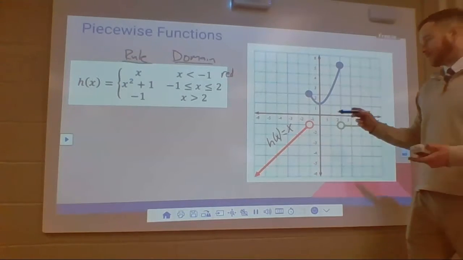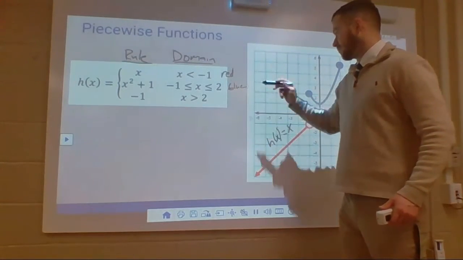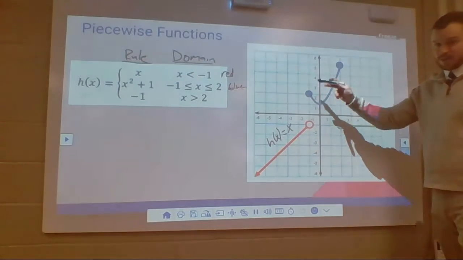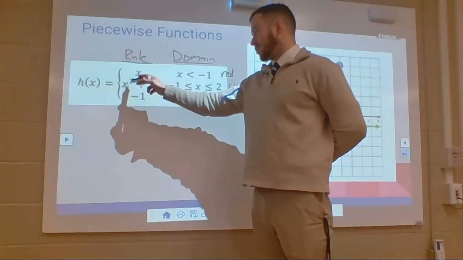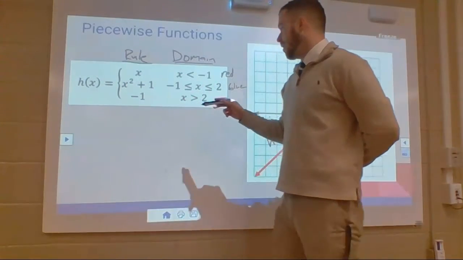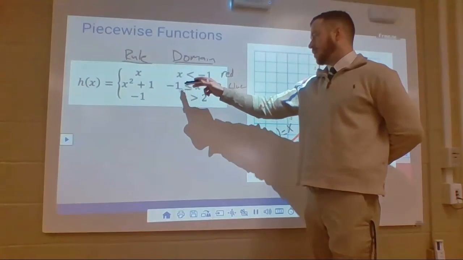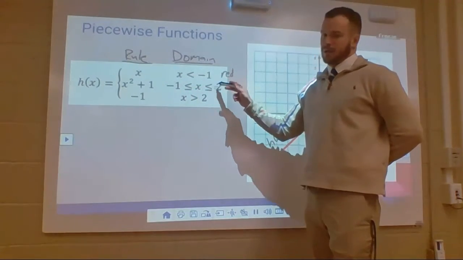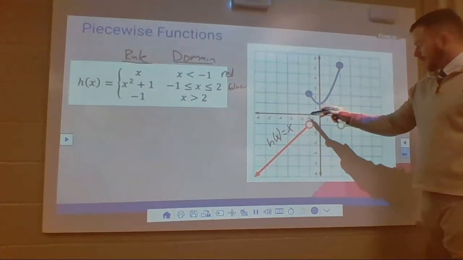Okay? Now, compare that to this blue piece. That's the next piece. It looks quadratic, doesn't it? This piece is quadratic, and you can see that the rule is quadratic, x squared plus 1. And that's defined over the domain x is greater than or equal to -1 and less than or equal to 2. So check this out. We have -1.